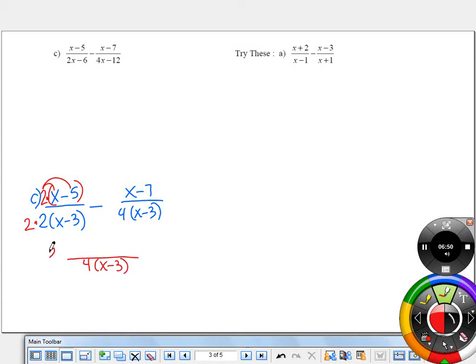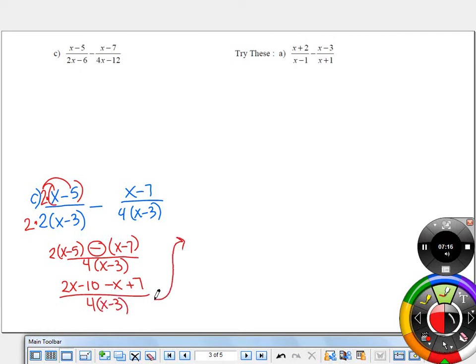And in my numerator, I'm going to have to finish these calculations. I have 2 times (x minus 5) minus (x minus 7). Now, this minus is subtracting the entire quantity of x minus 7, so the minus will need to be distributed. So I have 2x minus 10 minus x plus 7, and that's all over 4 times (x minus 3).